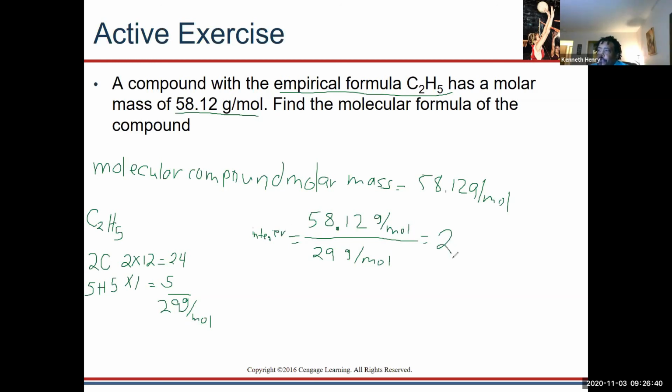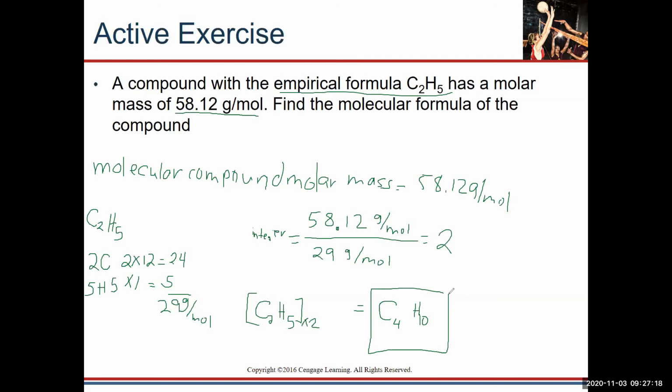So I take my empirical formula, C2H5, and multiply it by that integer. This gives me my molecular compound. Pretty simple, not too hard.